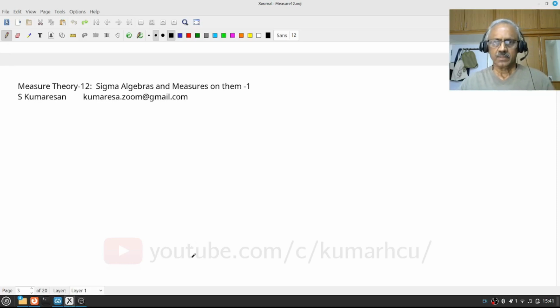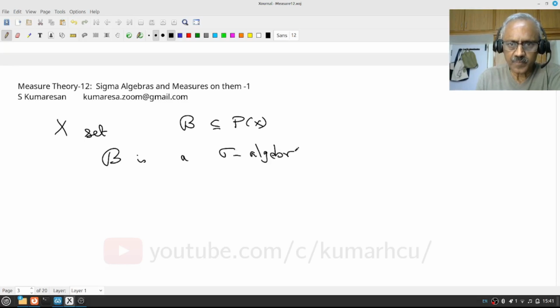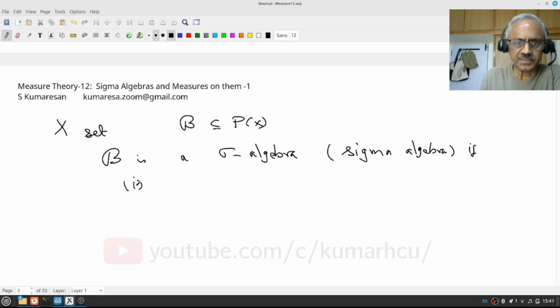Let X be any set, and B a class of subsets of X. Then I say B is a sigma algebra if it satisfies the following three conditions.